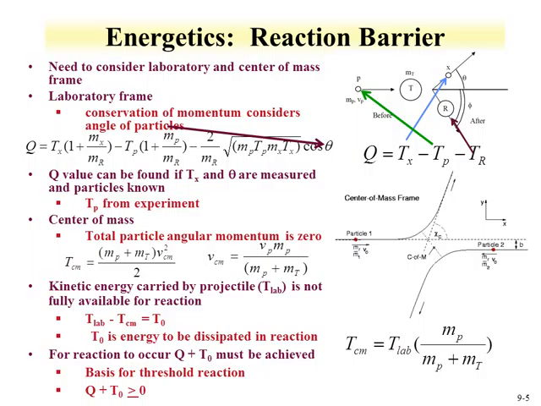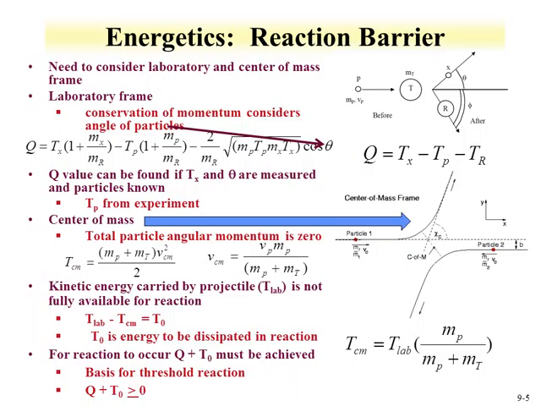So if one can measure the angle and the particle kinetic energy, one can find the Q value of the reaction. Now for center of mass, where we often do equations, the total particle angular momentum is 0.